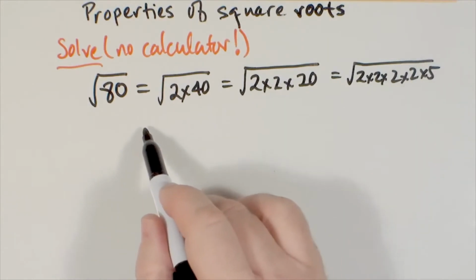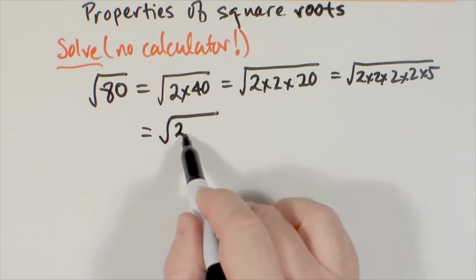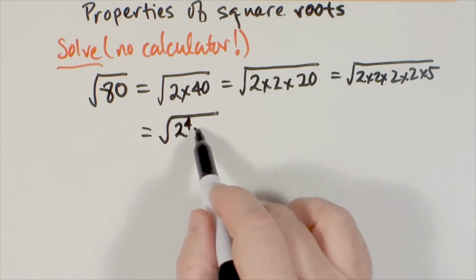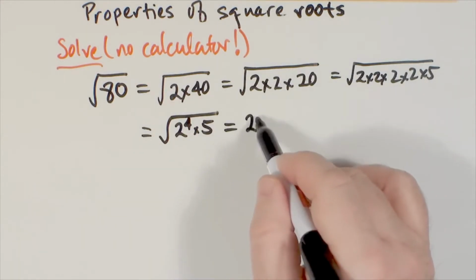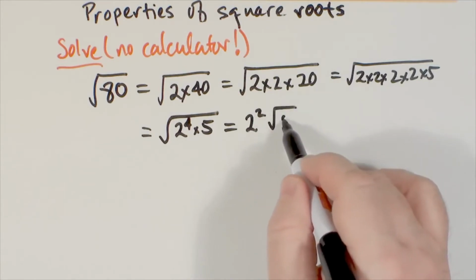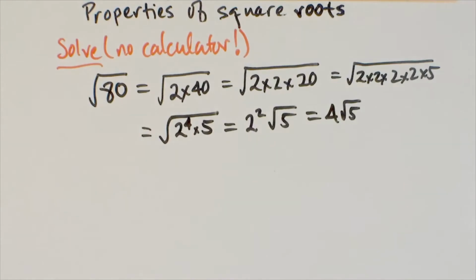So that means we have 2 to the 4th times 5. Now 2 to the 4th under the square root becomes 2 squared outside the square root, and the root 5, because it's prime, stays underneath, and 2 squared is 4. We end up with 4 root 5.